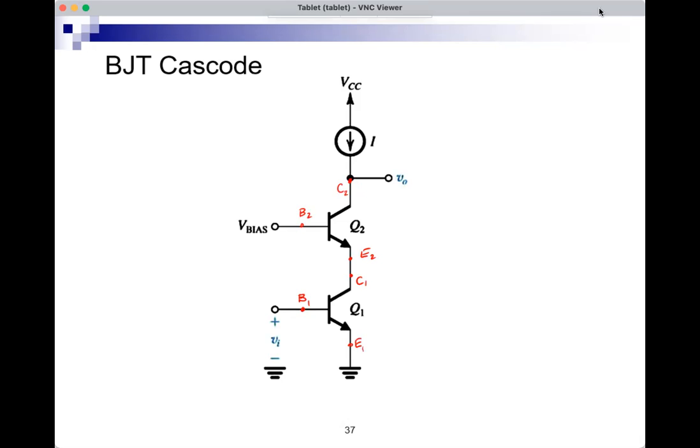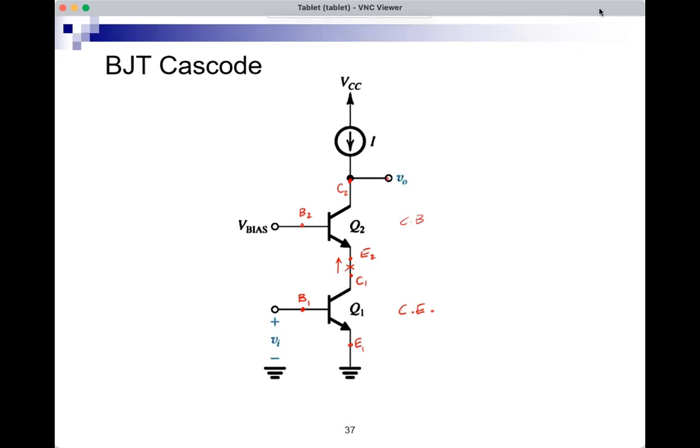So again, we can analyze this by noticing that Q1 is a common emitter, and there is an intermediate output here between Q1 and Q2. So common emitter with the input resistance of Q2 as a load. And Q2 is a common base.